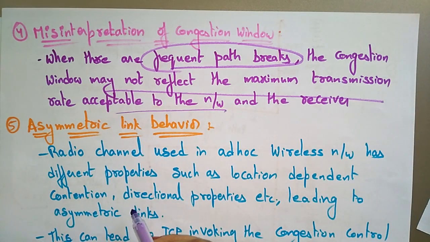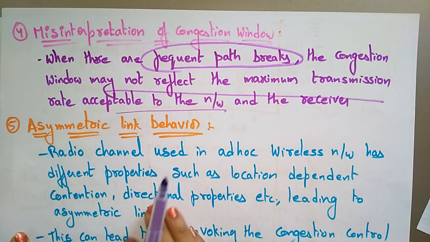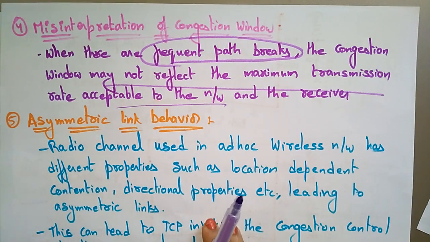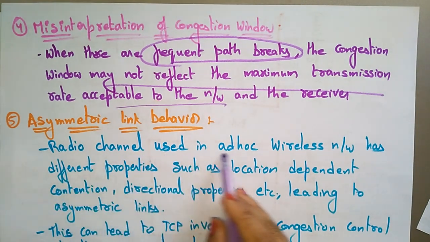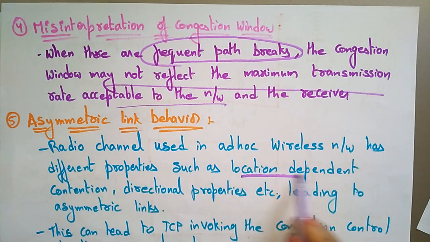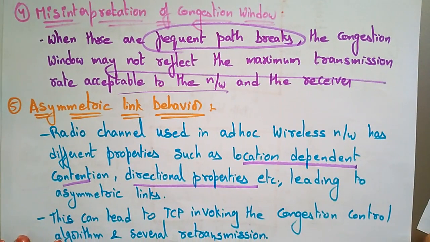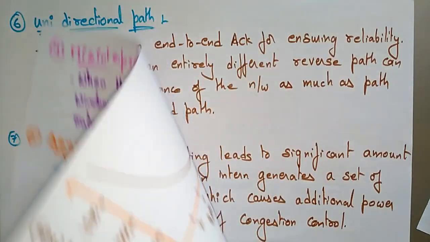Now another reason is asymmetric link behavior. What is this asymmetric link behavior? The radio channels used in ad hoc wireless networks have different properties such as location dependent contention and directional properties, which lead to asymmetric links. This can lead to TCP invoking the congestion control algorithm and several retransmissions.